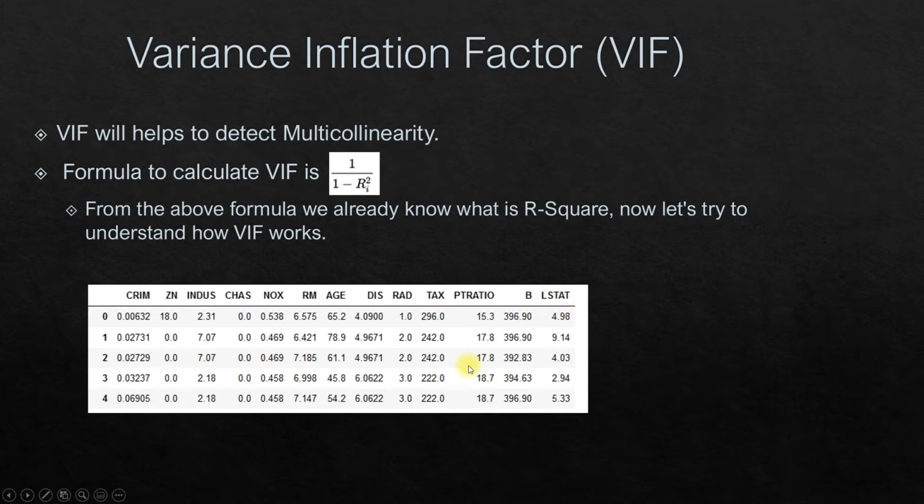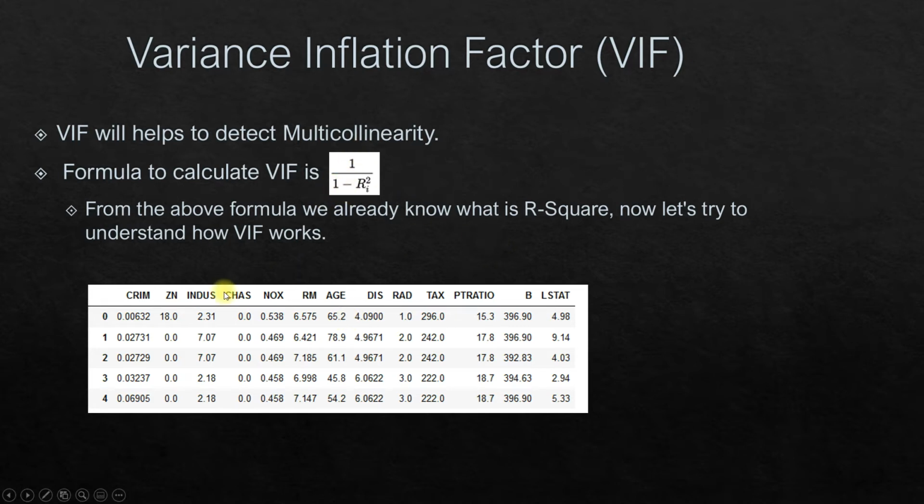Now I build a regression model, and I'll find an R square. Whatever R square I get when I make CRM, crime, my dependent variable, I'll substitute in this formula, which is 1 by 1 minus R square.